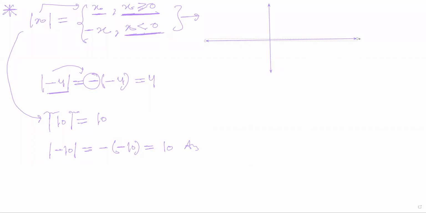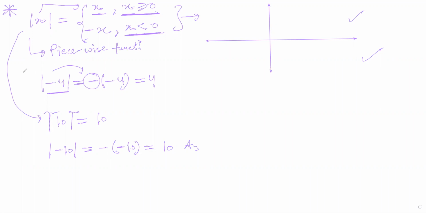So if we see the graph of mod x, whenever x is positive, now when is x positive? Either in first quadrant or in fourth quadrant, right? And whenever x is negative, the function is different. So these types of functions are known as piecewise functions, because we are defining them in pieces.